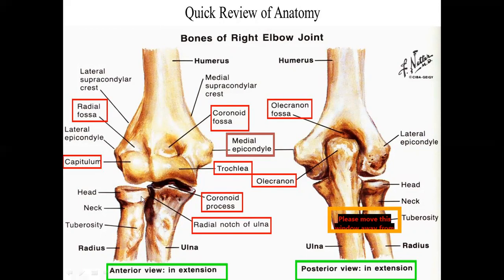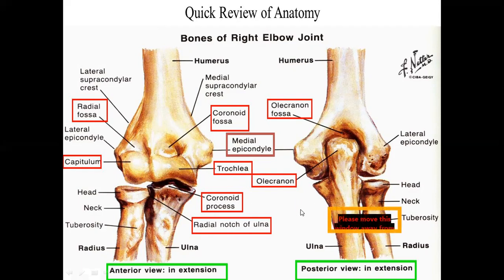Similarly, when you flex the elbow joint, the head of the radius comes and fixes in the radial fossa. When you see the ulna bone from behind, we have the olecranon process. This olecranon process comes and fixes in the olecranon fossa when the elbow is extended. In extension of the elbow, you find this type of articulation.